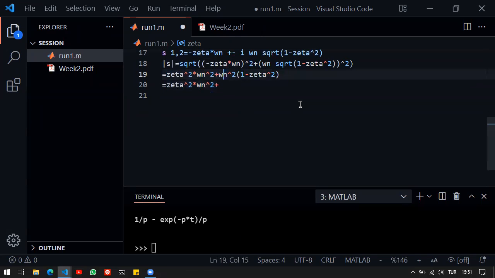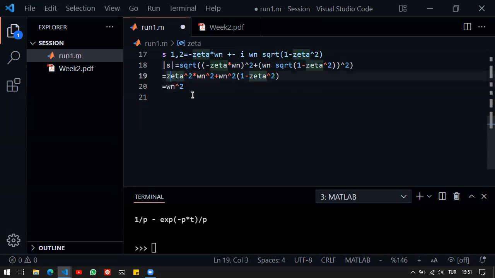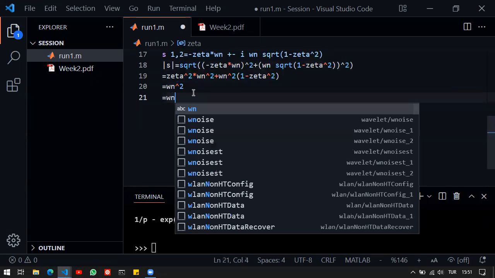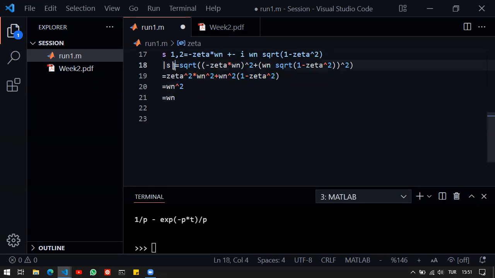Again, we have this term here. We have omega n squared and then minus omega n squared zeta squared. So these cancel out, this one and this one basically. And we are left with omega n squared. Since there's also a square root on this, we get omega n. So the absolute value of s is equal to omega n.